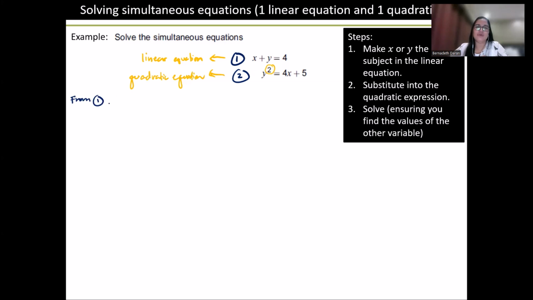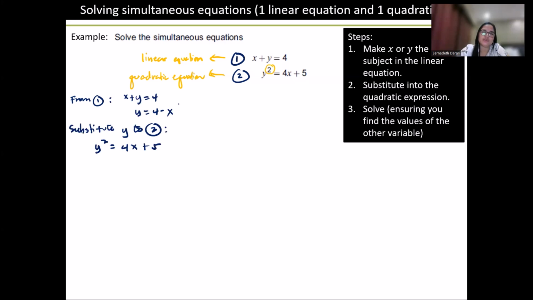From 1, we are going to have, let us copy it, y is equal to 4 minus x. And then we substitute y to equation 2. So therefore, we have, let's try to write first the equation 2.